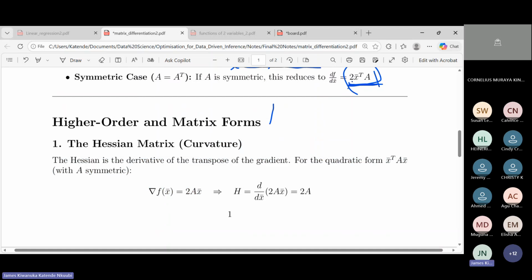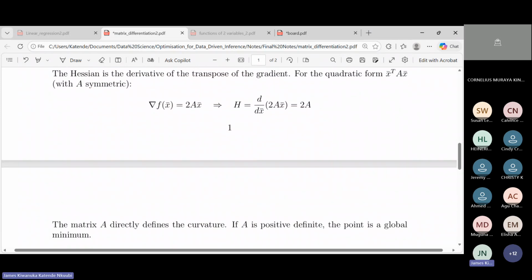So the Hessian matrix is simply the second derivative of your function f. You treat this as a vector valued function, and then just get the derivative to get a matrix. So the derivative of 2Ax, if you have A as a matrix, is just 2A. Again, you can try this with two variables, expand it and work it out to see why that works.